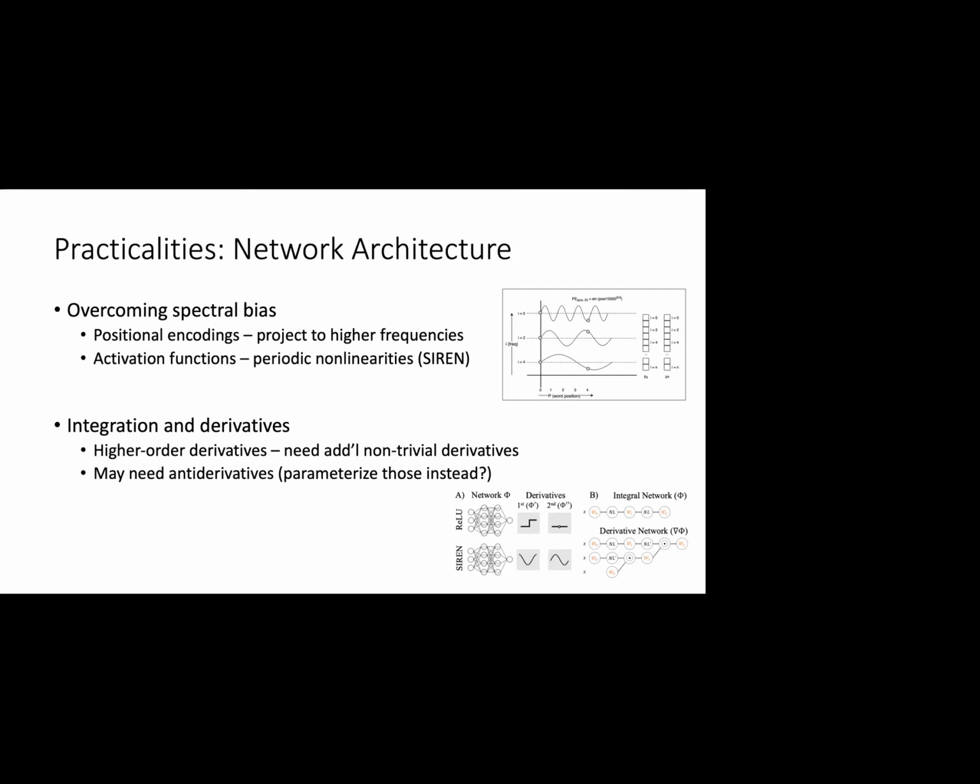You don't need to do anything there, but if you need to take the antiderivative, a really common strategy is to parameterize the antiderivative with your neural network and then take the n+1 derivative for your actual loss. I don't want to dwell on this, but these are considerations if you need different derivatives or integrals. It's easier to take derivatives than integrals, so try to take more of those and also make sure you can.